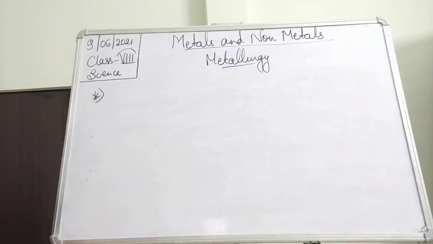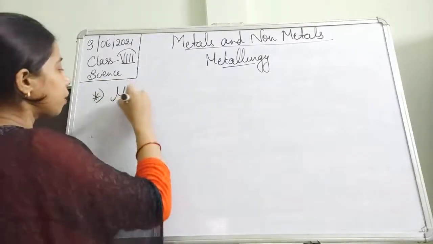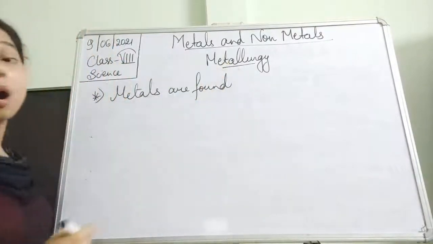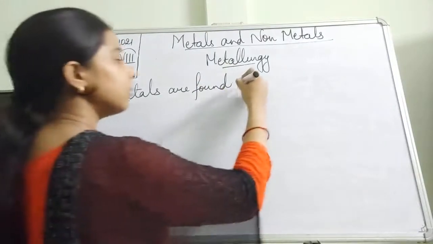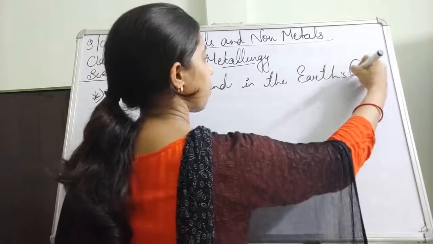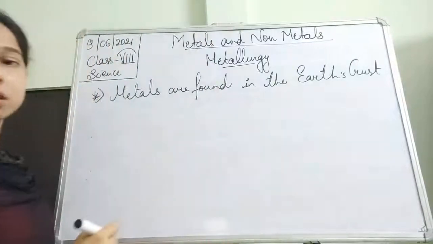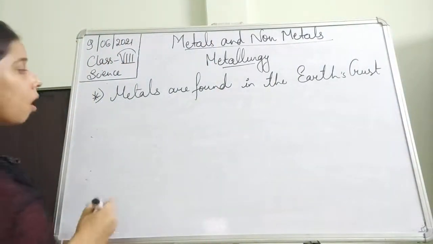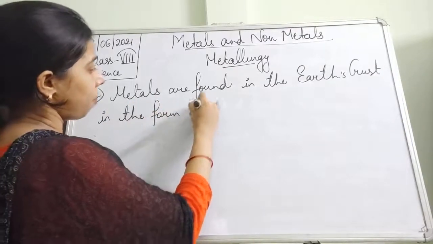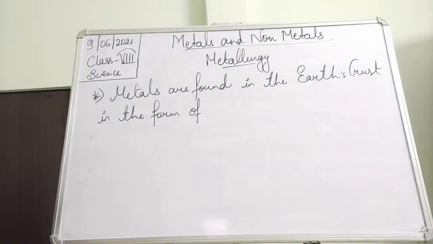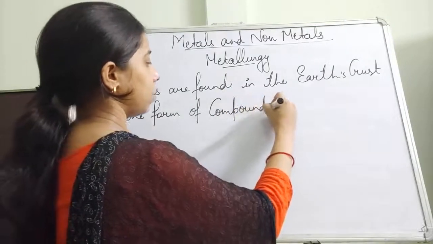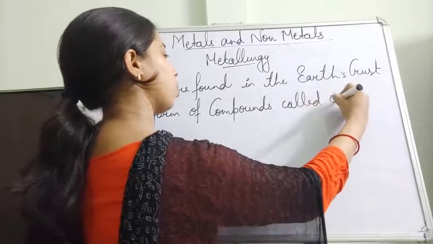We can write that metals are found in the earth's crust in the form of compounds called ores.